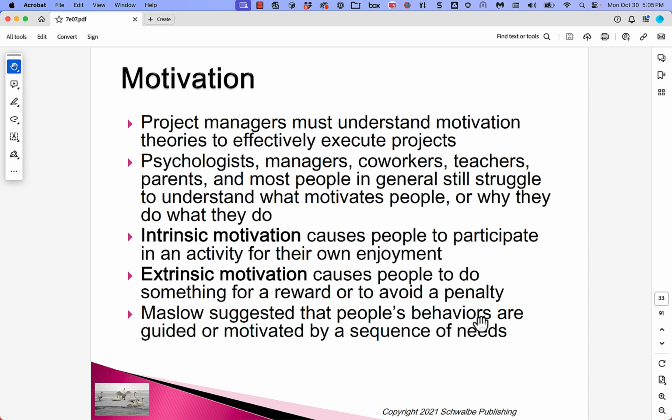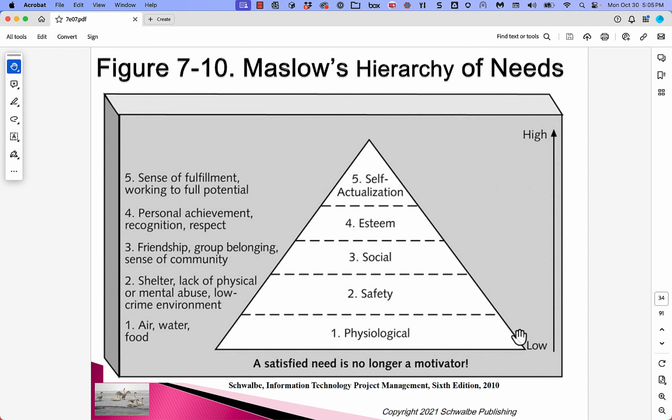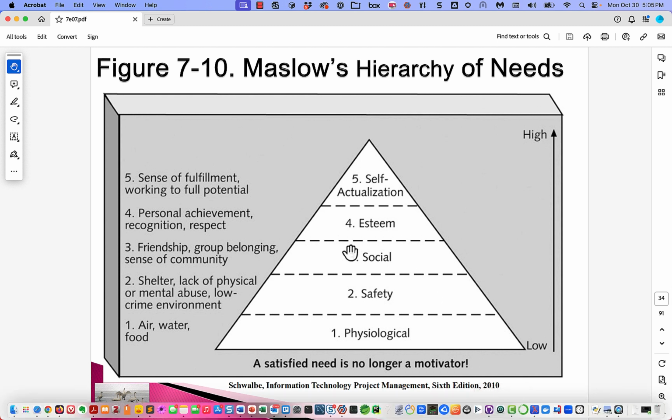Maslow suggested that people's behaviors are guided or motivated by a sequence of needs. So, this is another theory. In Maslow's hierarchy of needs, people have levels of needs that have to be satisfied: physiological needs, safety needs, social needs, esteem needs, self-actualization.